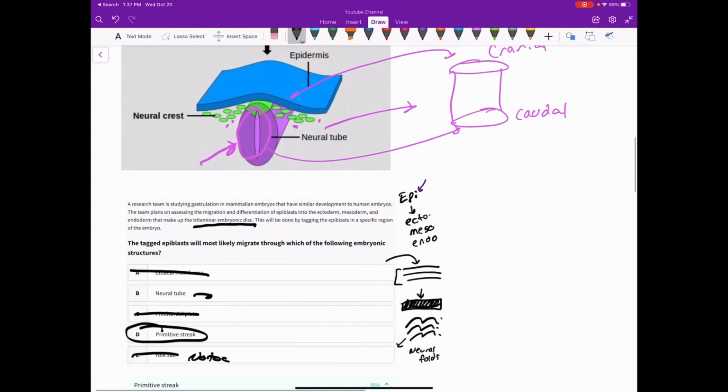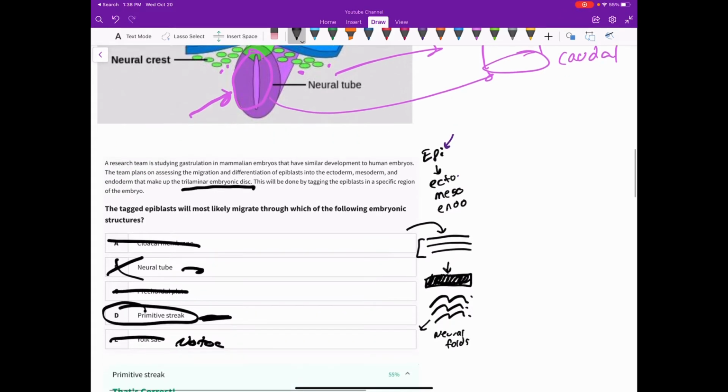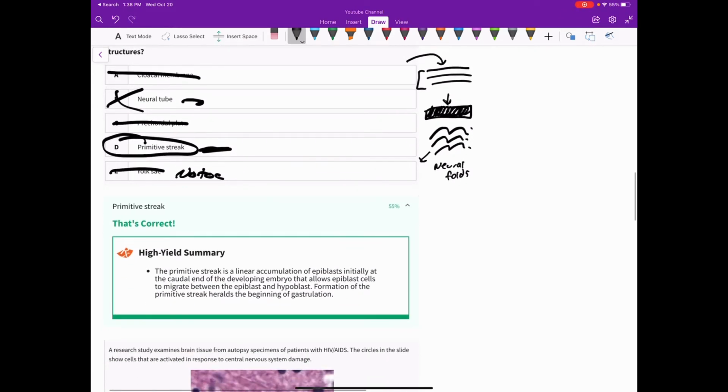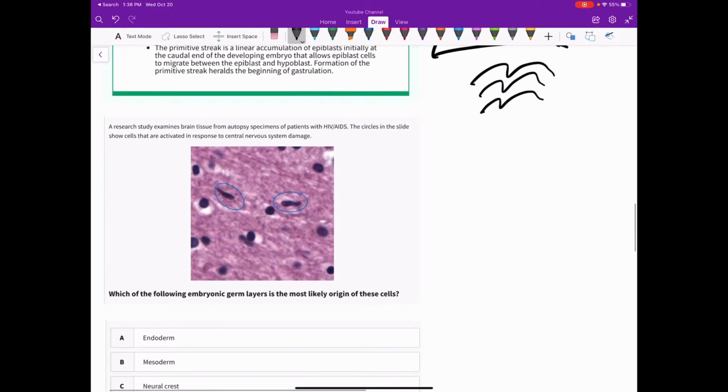But I believe the first step is the primitive streak, not the neural tube. The neural tube is not the first step in this process. So primitive streak is going to be our answer. So here we go. The primitive streak is a linear accumulation of epiblasts. Yeah. So the epiblast is like this. 1, 2, 3. We'll connect it together. Primitive streak forms, separates into three different layers. Trilaminar disc. Good.